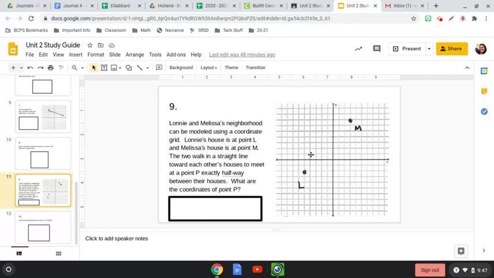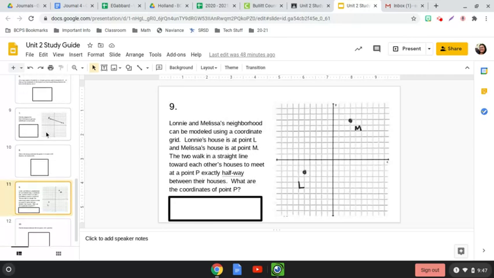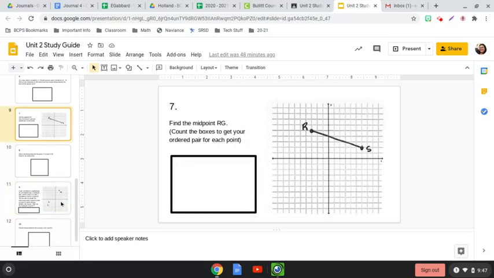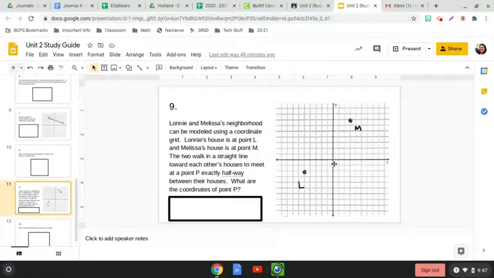9 is very similar up here to 7, where you have to actually solve the points first. So remember, we solve x first, comma, y, and our horizontal line here is our x. Our vertical line here is our y.